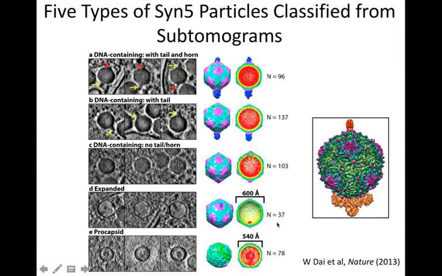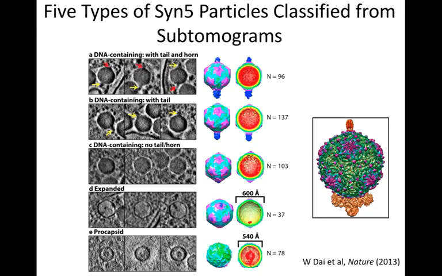This suggests to us that this particular class of particle is probably very transient. That means they don't last a long time in the cell. That means the transitional period from this empty-looking expanded particle transforms into DNA encapsulation at a very rapid rate.